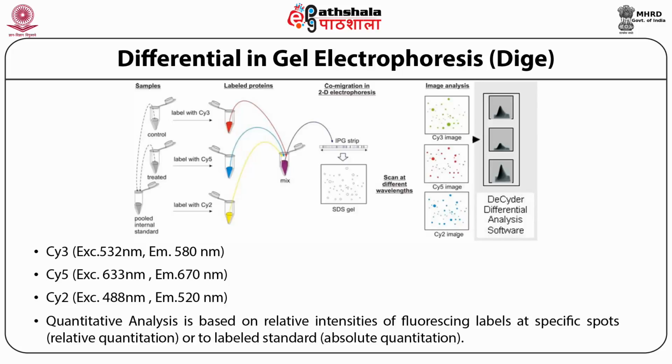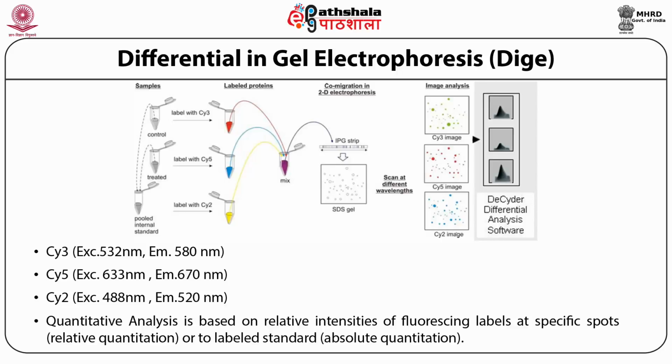Cy3 has an excitation of approximately 530 nanometer and an emission of 580 nanometer. Cy5 has an excitation of 633 nanometer and an emission of 670 nanometer. Cy2 has an excitation of 488 nanometer and an emission of 520 nanometer.